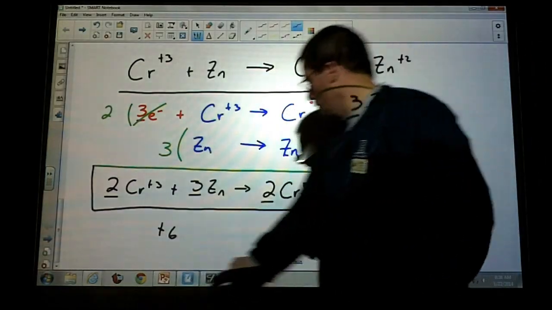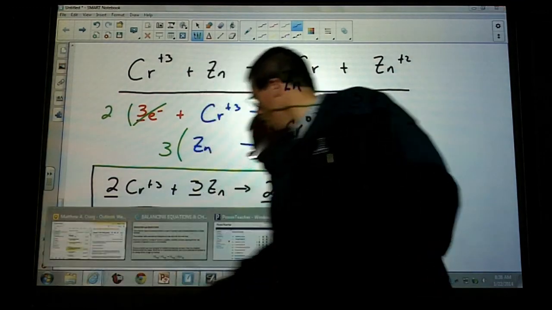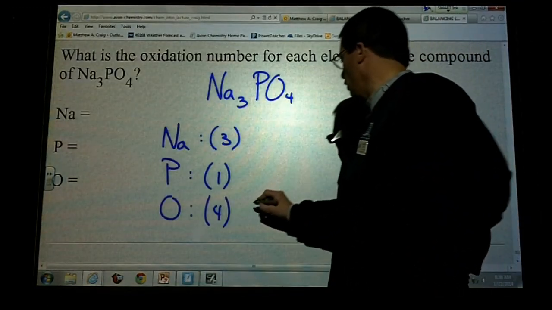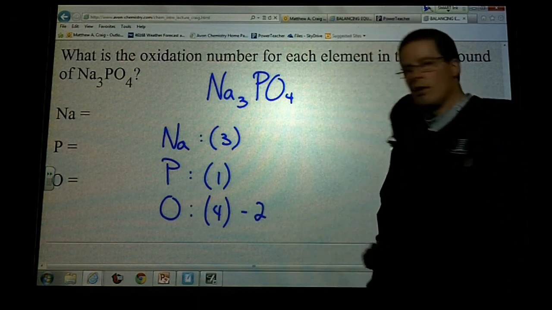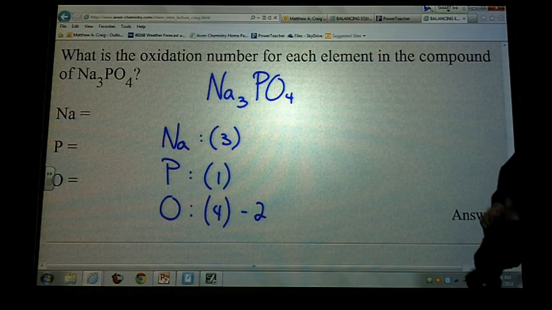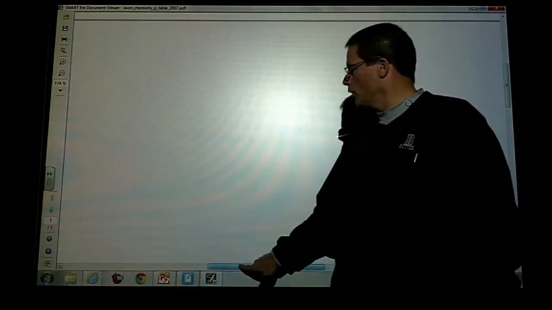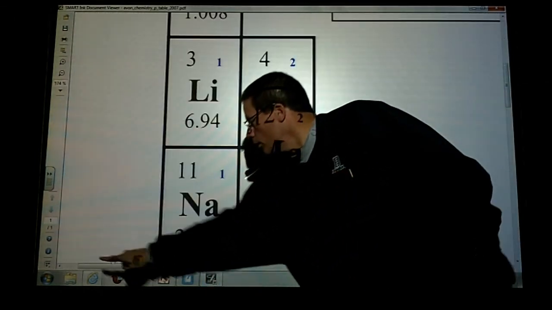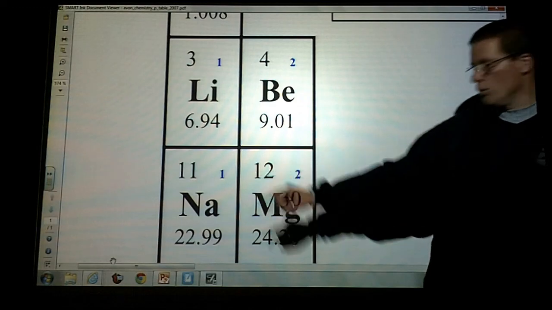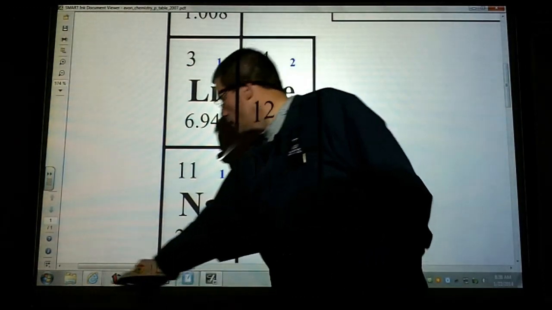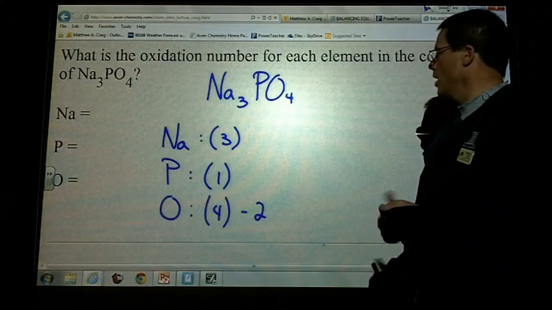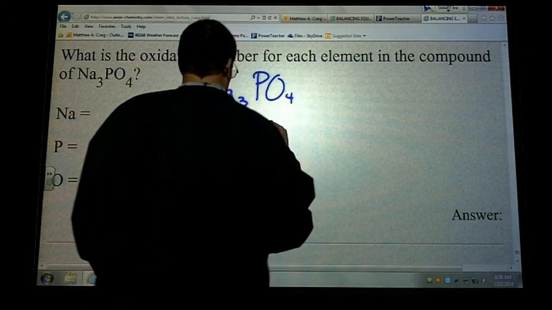So oxygen has a -2 charge. Looking at the sodium, what's the charge on sodium? Sodium's always a +1 charge. So some of these are like dead giveaways where they don't ever change. So we have a +1.